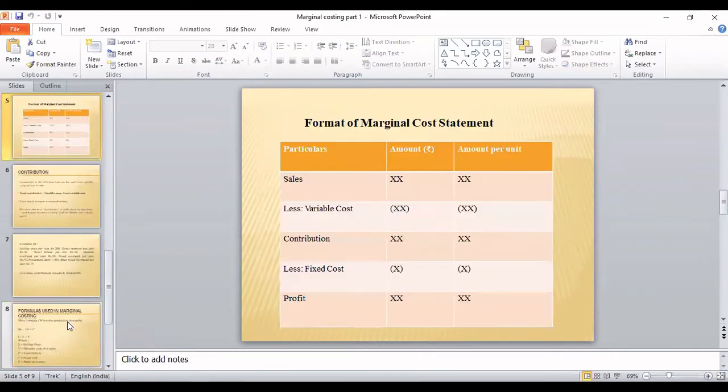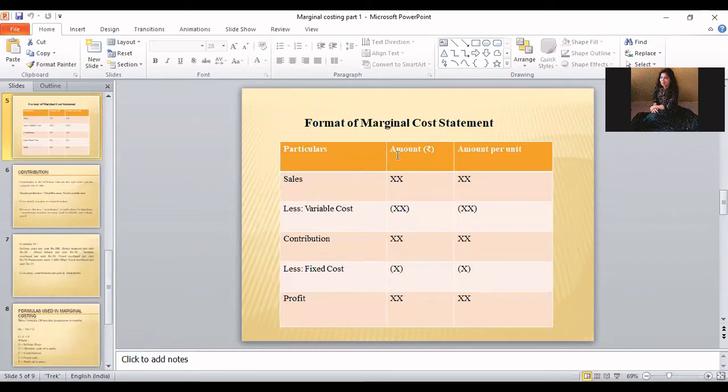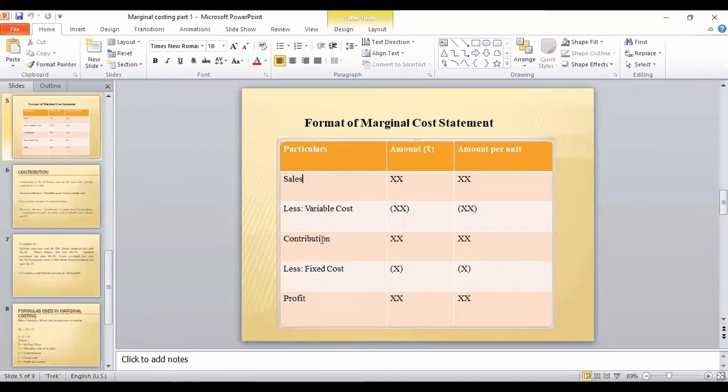This is the format of the marginal cost statement, one of the very important formats. We can say the marginal costing topic is totally based on this format. If you know this format, you know about 70% of the marginal costing topic. The format goes like this: we start from sales and reach the profit.